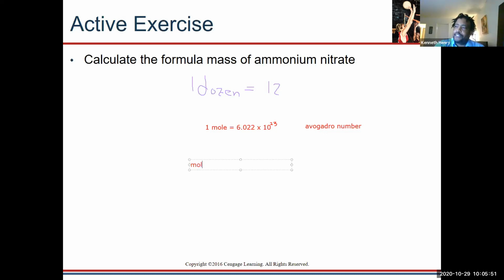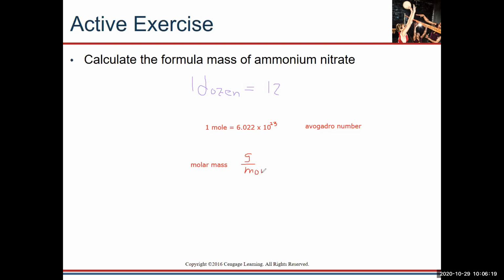Let's just talk about molar mass since we're here. The units for molar mass is grams per mole. Now, your periodic table, okay, I'm getting ahead of myself. So let's take one step back. If I have one molecule, can I see it with my eyes?